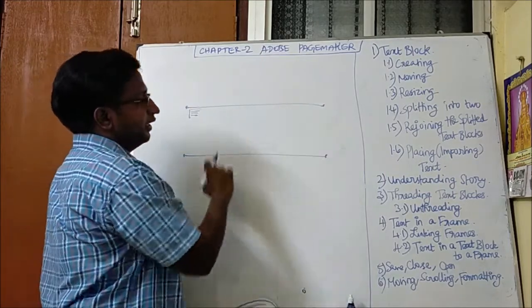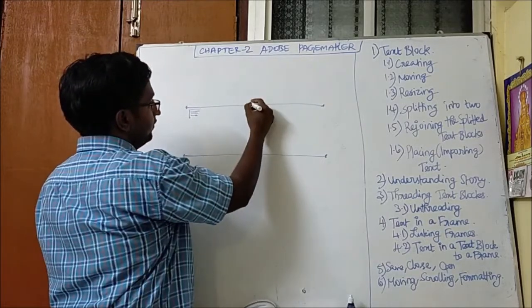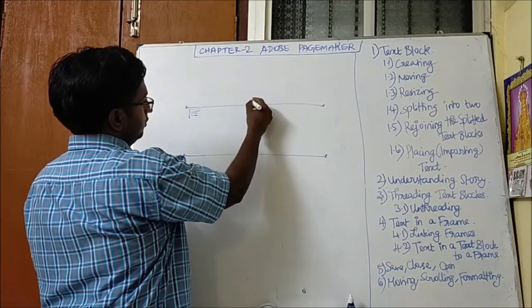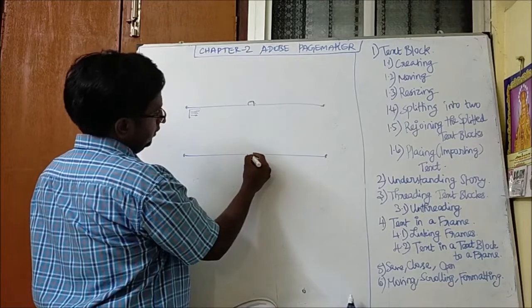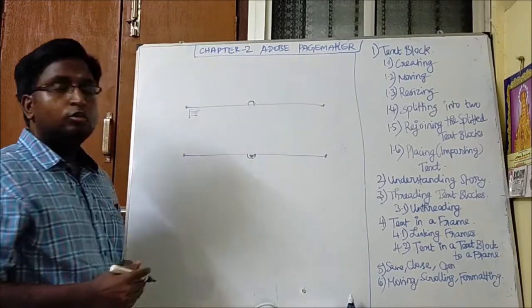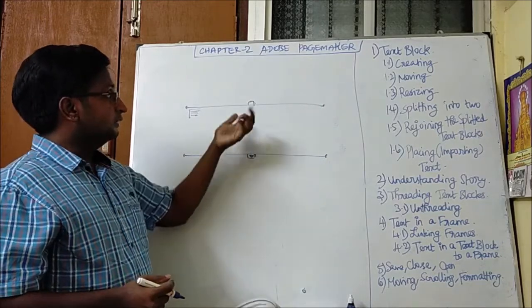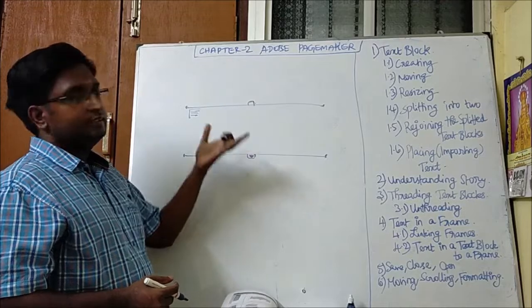A text block will be created with the loaded text, and you will have the handle, and you will be able to see a downward red triangle.